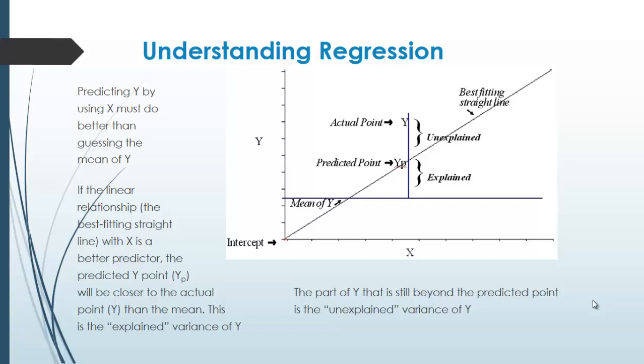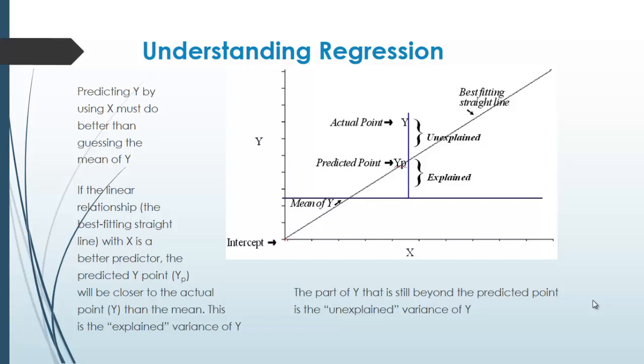But when you have short distances between the predicted value and the actual value, you have good consistency. In this instance, that distance is called the unexplained variance. And we want the regression line to be as accurate as possible. So therefore, we want very small unexplained levels of variance and prefer to have larger, relatively speaking, explained variances.